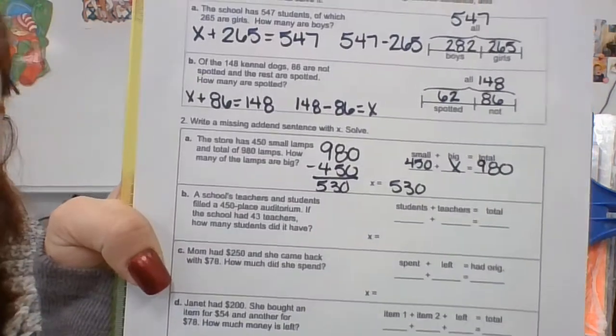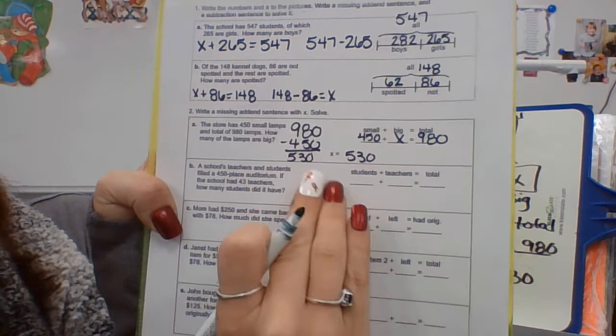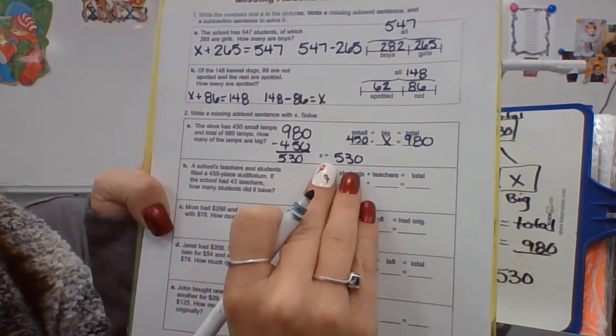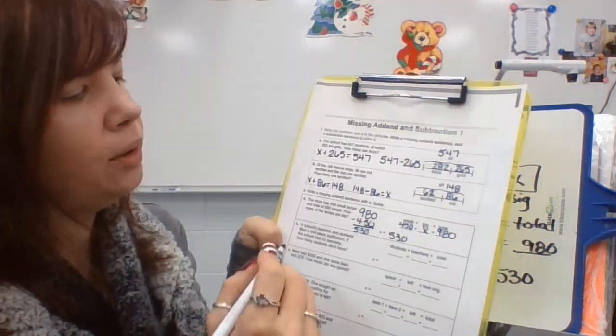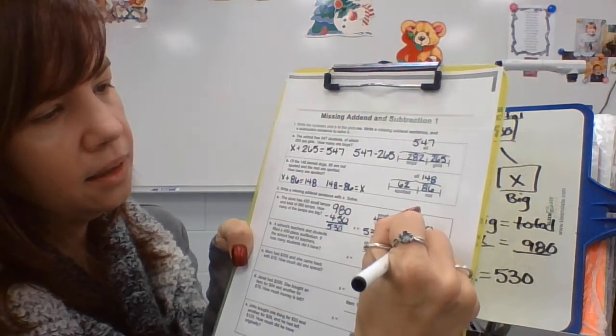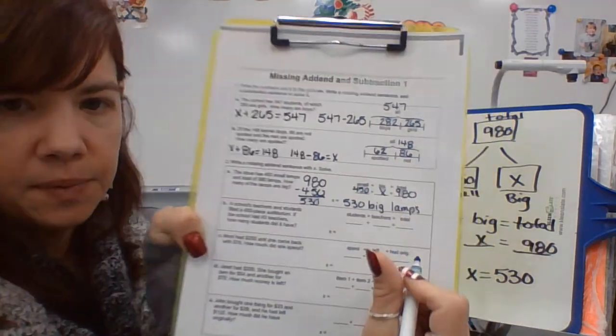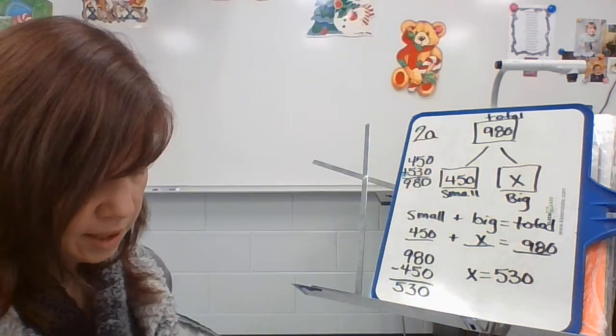Let me get that closer so you can see. Okay, so there's my add-in sentence. There you can see where I'm subtracting, and x equals 530. 530 what? This is also very important in math. You need to make sure you label 530 big lamps. Okay. All right, let's do the next one.